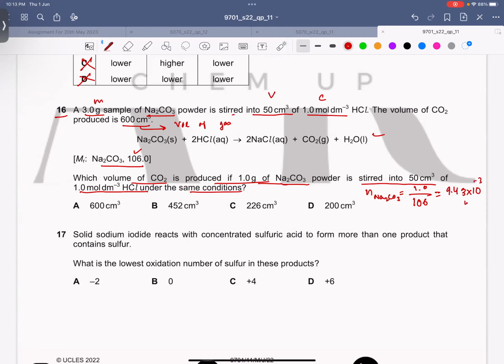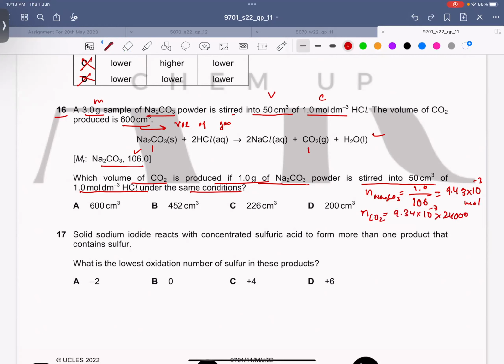And if you look at the ratio, it is 1 to 1. So it means moles of carbon dioxide would be the same, that is also 9.43 × 10^-3. And if I multiply it by 24,000, then I would get the volume of carbon dioxide.